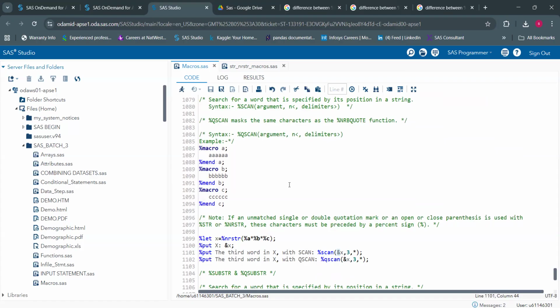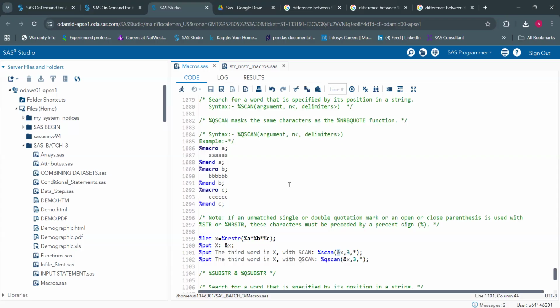Whenever you see a percentage and an ampersand, SAS always treats them as macros and macro variables. Whenever we try to invoke or execute those kinds of statements, SAS quietly tries to resolve those values.